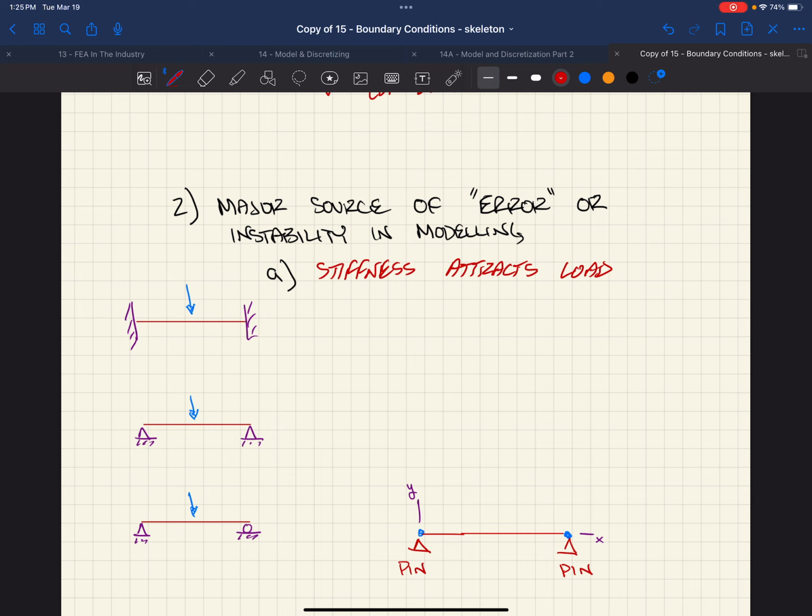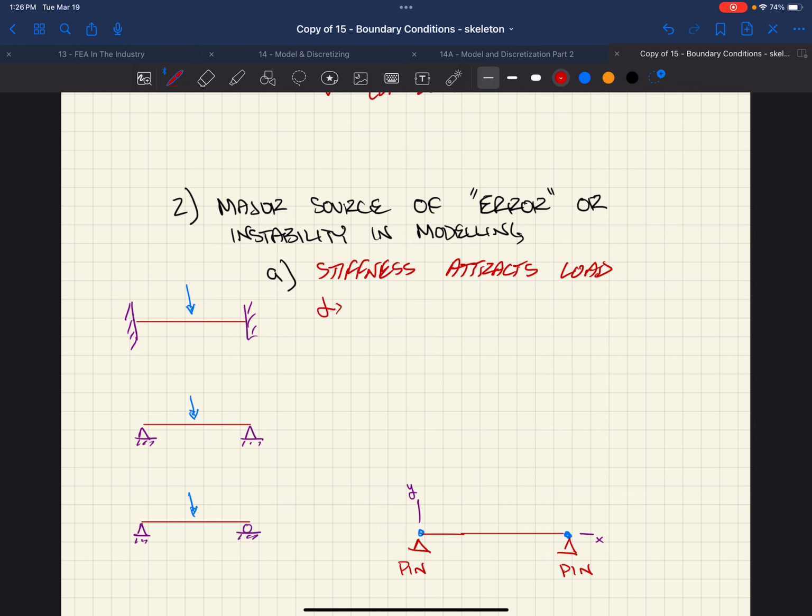So we might have a problem with our model being stable. So we just say, all right, we're gonna fix a couple of these extra nodes. All of a sudden now my model runs, no big deal, we get results, and we're gonna use those results, right? Inadvertently, maybe the fixity in those two nodes do not represent the fixity in the real world. Now all of a sudden you've got a load path that isn't necessarily provided in the real world, and your model does not represent the real world or really your mathematical model, right?